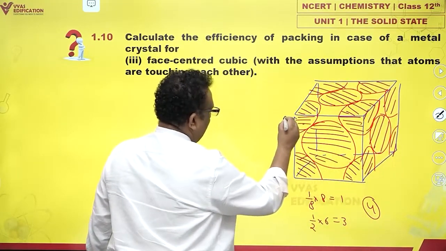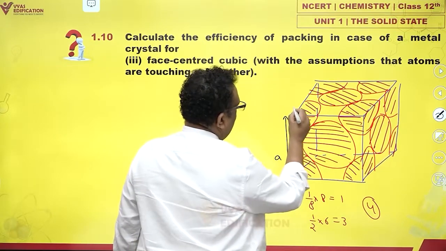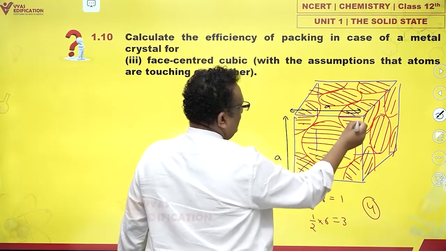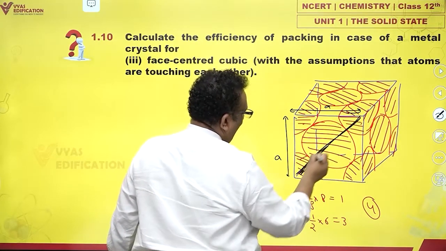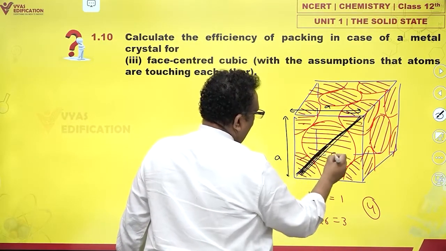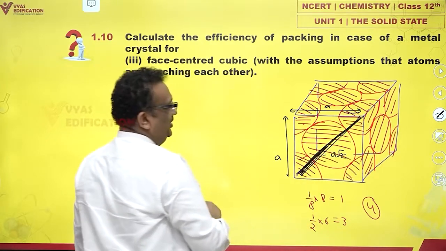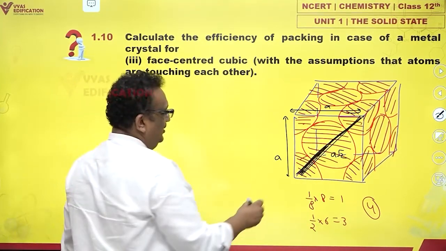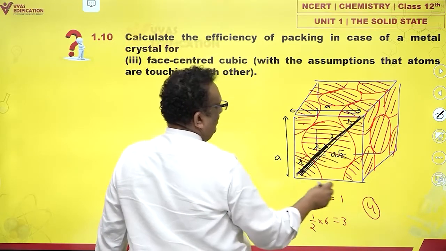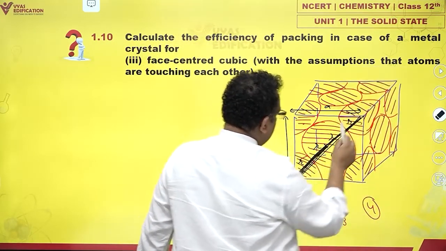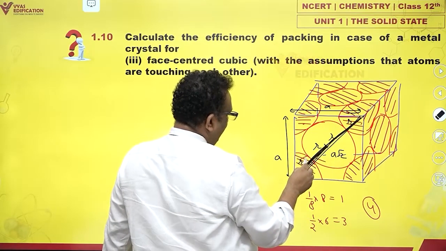This side is A. Yes, this side is A. So this fat, thick diagonal should be A root 2, right? And if you care to see, this is radius R, R, R, and R.